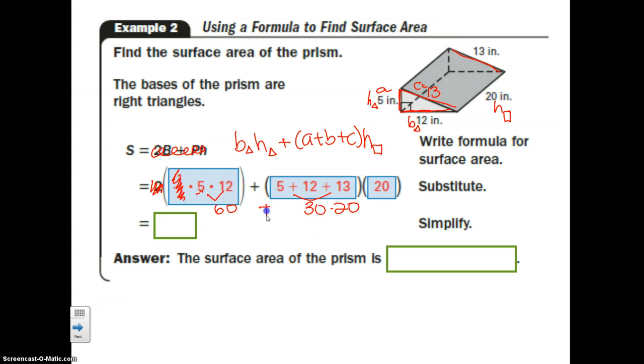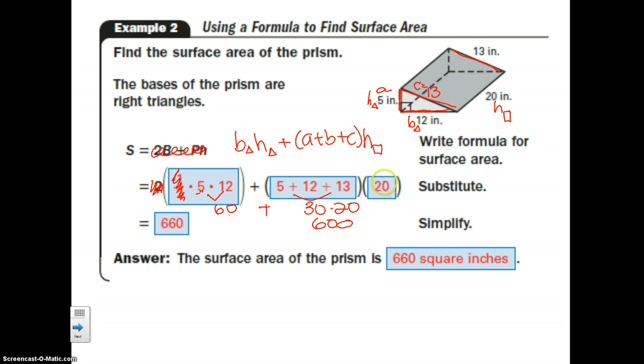Oh, sorry, this is 600. 600 plus 60 is 660. That is the surface area.